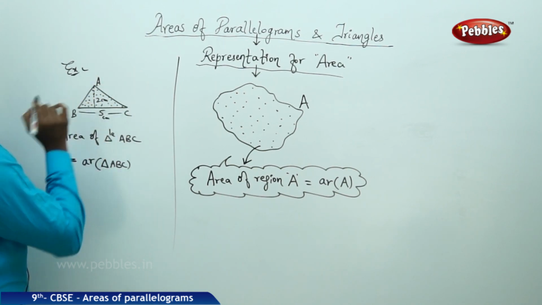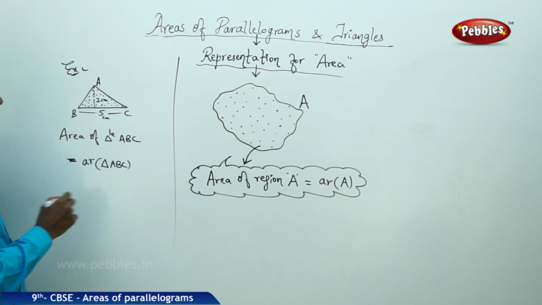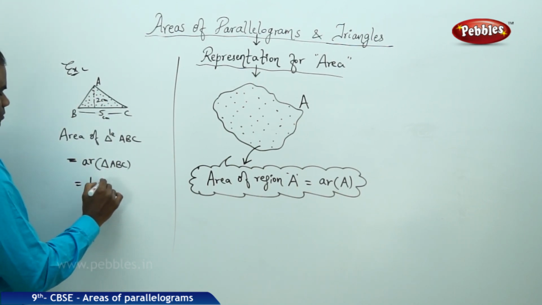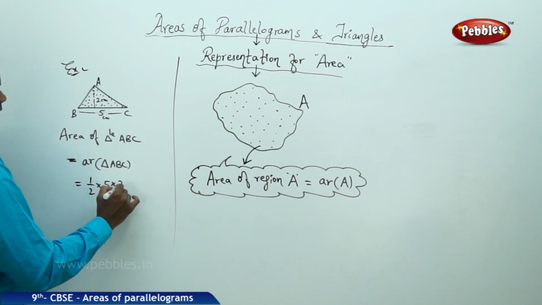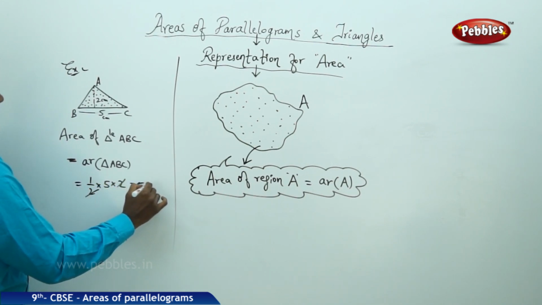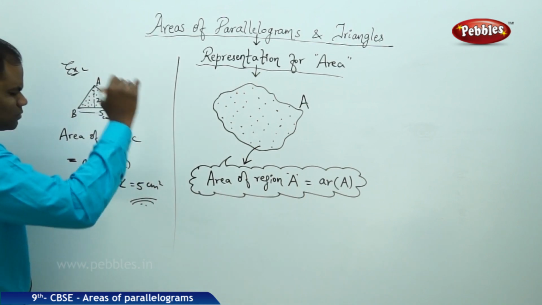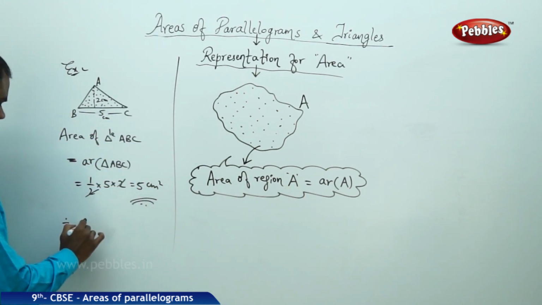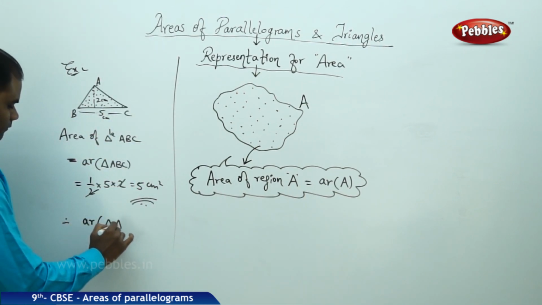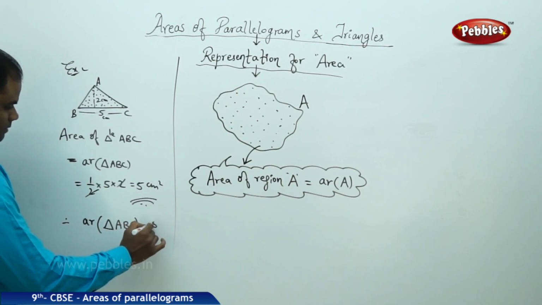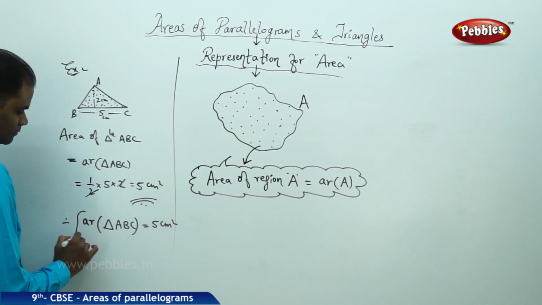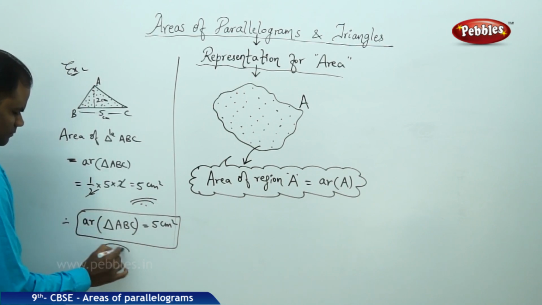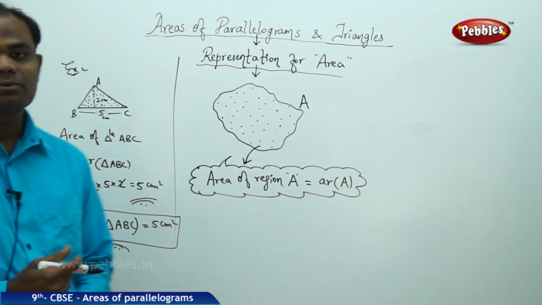This is how I understand the area of the region, which is nothing but half into base into height, 5 centimeter square. Therefore, area of triangle ABC is 5 centimeter square.